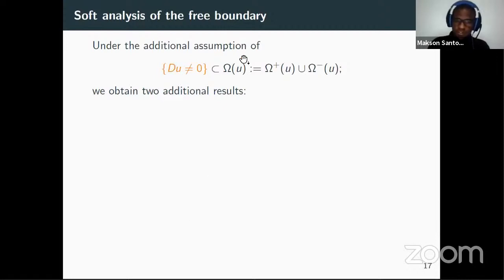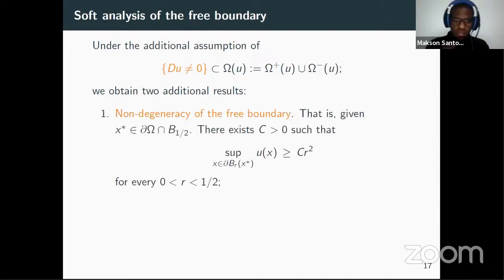Okay. And now by using this, we can go even further. Under the additional assumption that this set is a subset of omega_U, that is omega plus union omega minus, we obtain two additional results. The first one is the non-degeneracy of the free boundary, that is, given a point in the interface, there exists a positive C such that the supremum is above this quantity for every r in this interval.